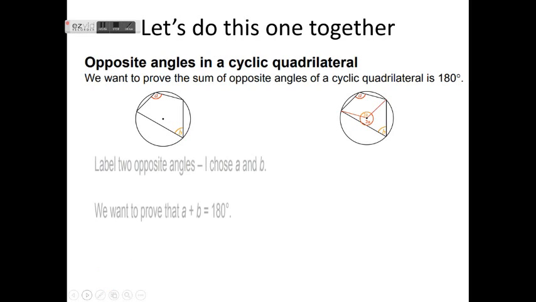You can just choose 2 angles. In my case it's A and B because they're opposite. So we label the angles and we want to prove that A plus B is equal to 180, because that's what the theorem is saying.